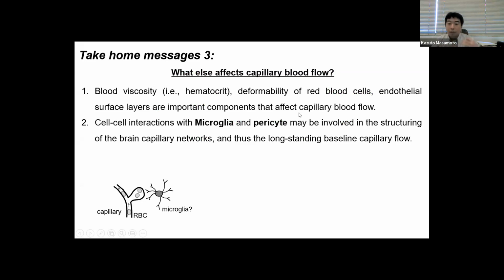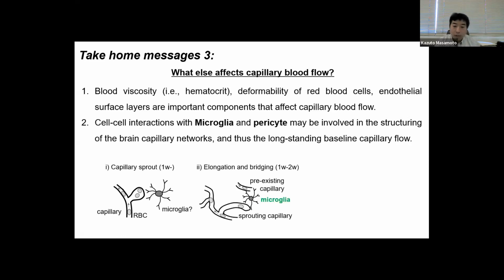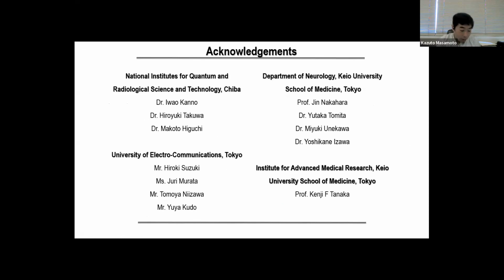These all affect the capillary blood flow, but in the chronic stage, cell-to-cell interaction between endothelial cells with microglia and pericytes may be involved in the structure of the brain capillary networks and thus the long-standing baseline capillary flow. So in the restructuring of the capillary, the microglia actively participate. This is the final part of my talk. Thank you very much for listening. Thank you.